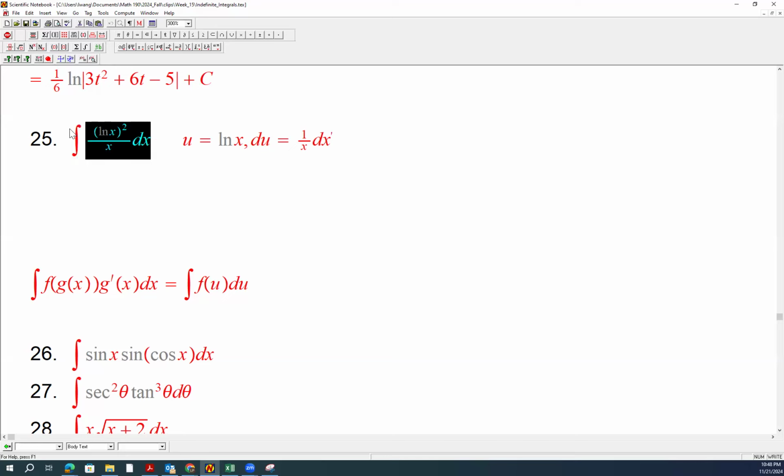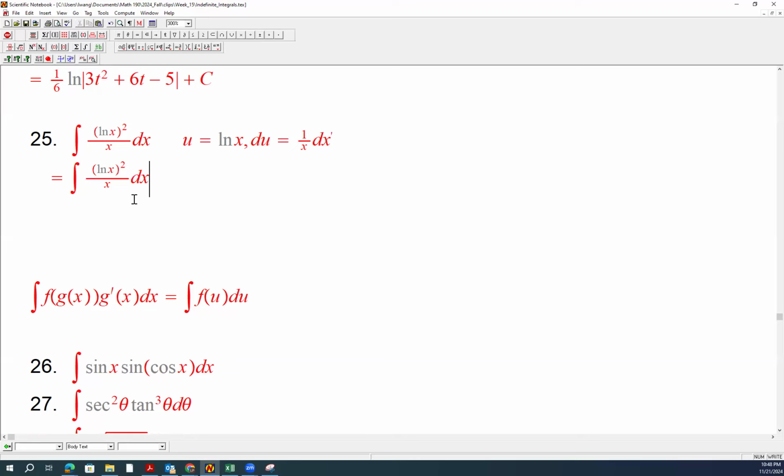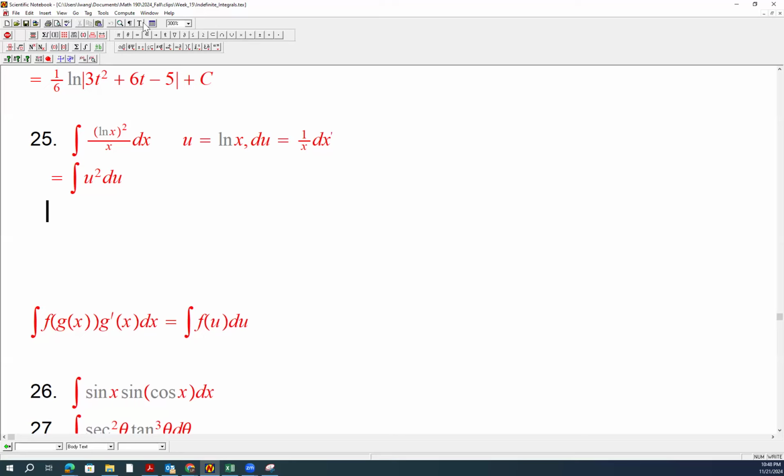See, these academic questions are set up for us to solve them, okay? So this is u squared, and dx over x, that's du, right? So u squared. There we go. We will find the antiderivative in no time.